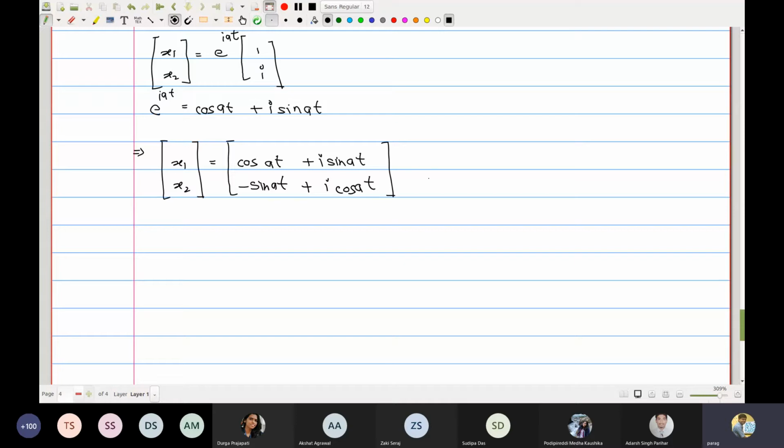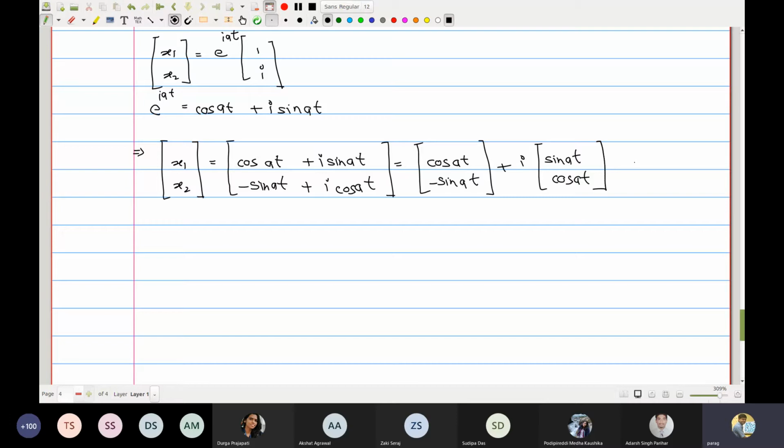I hope this is how it would look. If there is any sign mistake, please feel free to point out. Which means this is equal to (cos at, minus sin at) plus i times (sin at, cos at).